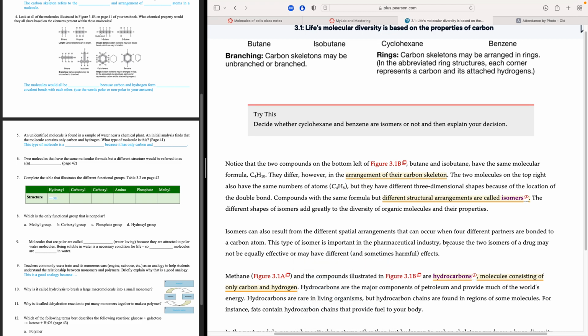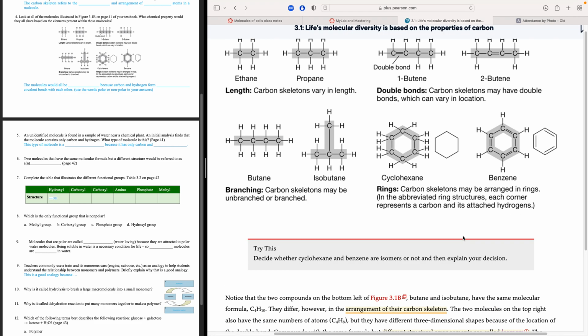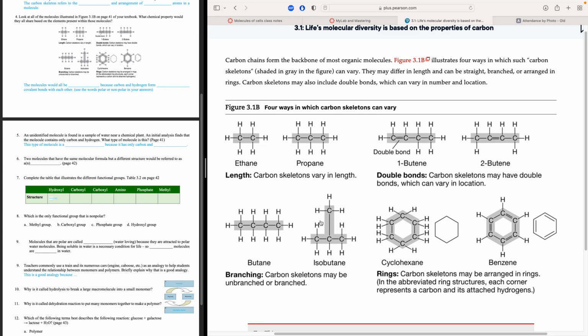And there's the answer for question number 5. This type of molecule is a hydrocarbon because it only has carbon and hydrogen. So if you have an unidentified molecule and it only has carbon and hydrogen, you have found a hydrocarbon. That's what all of these are up here, hydrocarbons.